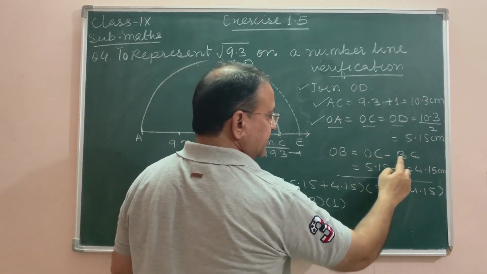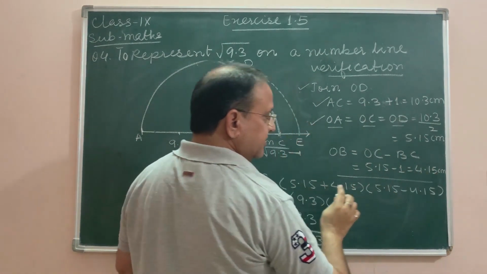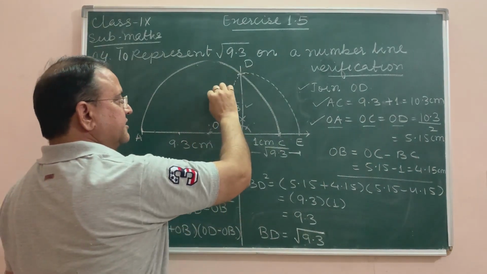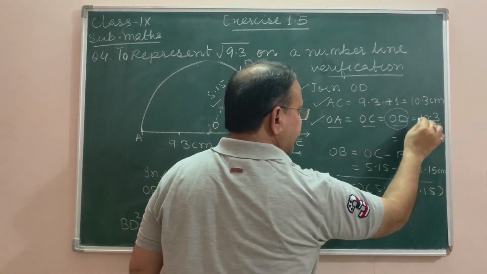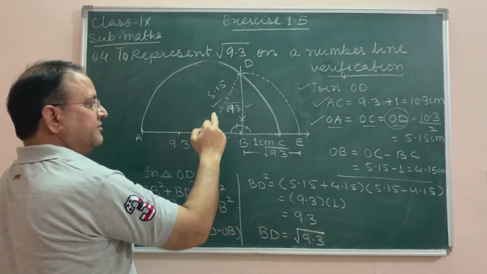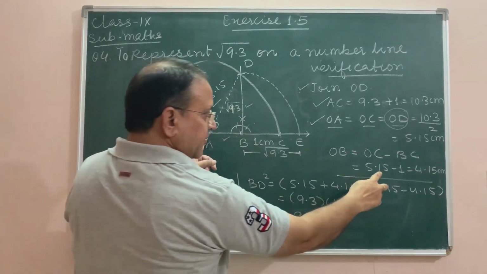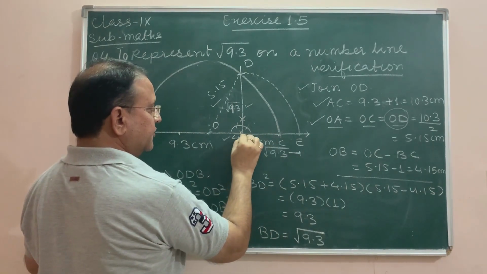OC minus BC, 5.15 minus 1, is equal to 4.15. So length of OB is 4.15, and the length of OD is 5.15.